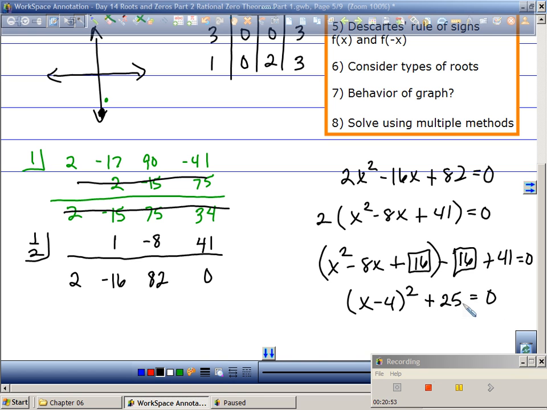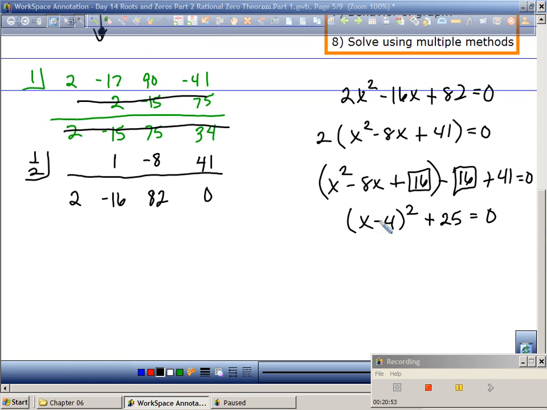You know how you do that? You say, if I took 35 and added 16, would I get 41? No, I'm too high. So 25 plus 16 is 41. So this is going to turn out pretty well for us. It's going to become x minus 4 squared equals negative 25.